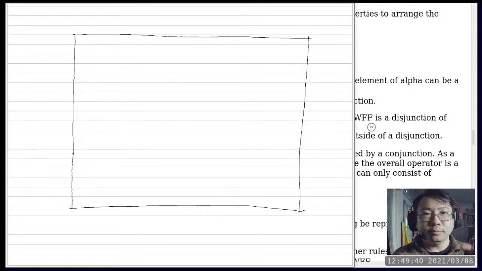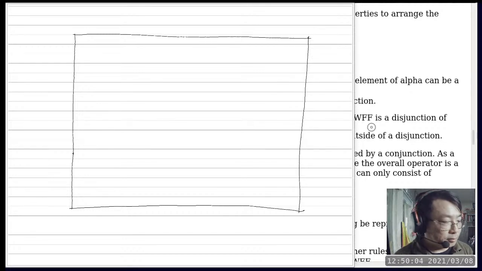Now I have to use some tricks, like the items inside the disjunction have to be sorted in alphabetically increasing order, and so on. We look at P or P and go, no, that's just silly, let's just call it P. So by using all of these simplifications, the well-formed formula space is now contained.